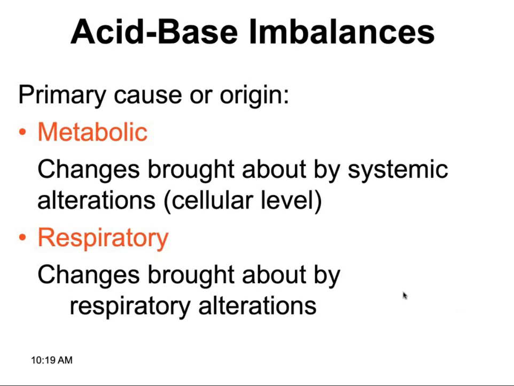How to differentiate between these? We need to see what is the primary cause. If there are changes happening at the systemic or cellular level, we will call that imbalance a metabolic imbalance. If the changes are brought about by respiratory alterations, we will call it respiratory.